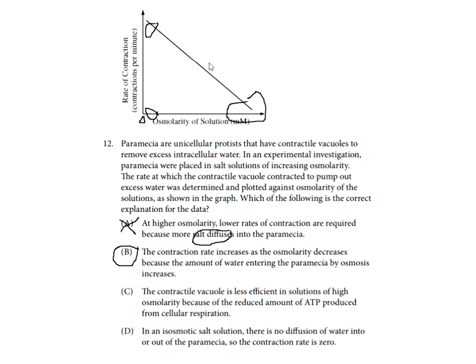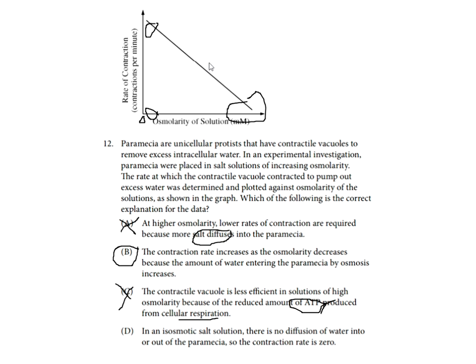Now C, just to go through them, talks about the contractile vacuole being less efficient in solutions of high osmolarity because of reduced amount of ATP. Again, ATP is not going to be necessary because it's osmosis, so we don't need to worry about that. And cellular respiration doesn't have a role here with osmolarity and movement. So it has nothing to do with that. So that's not right.